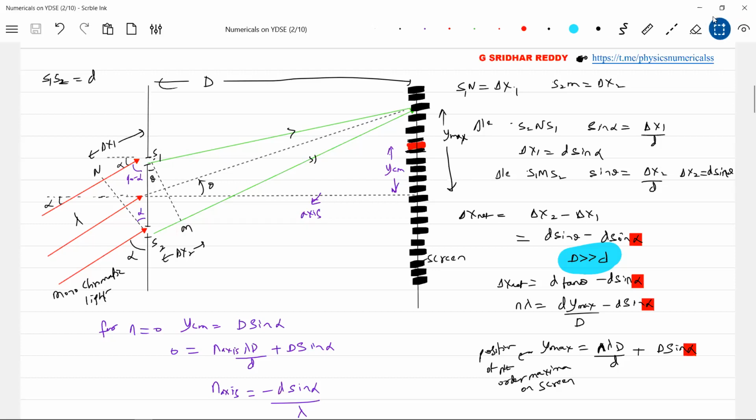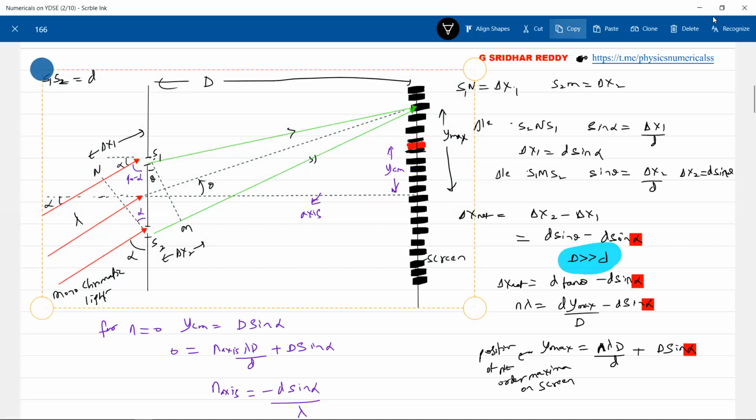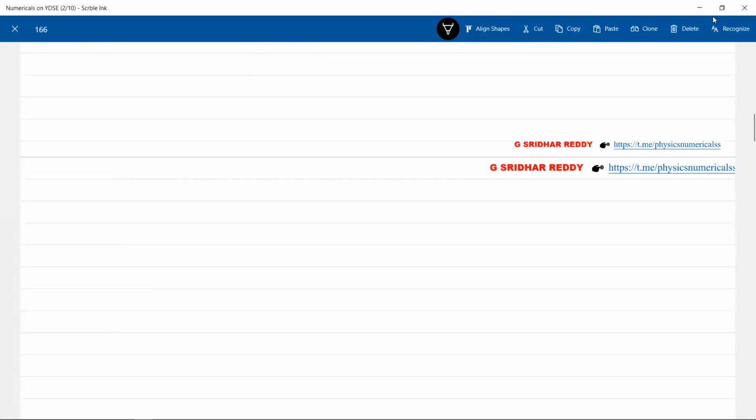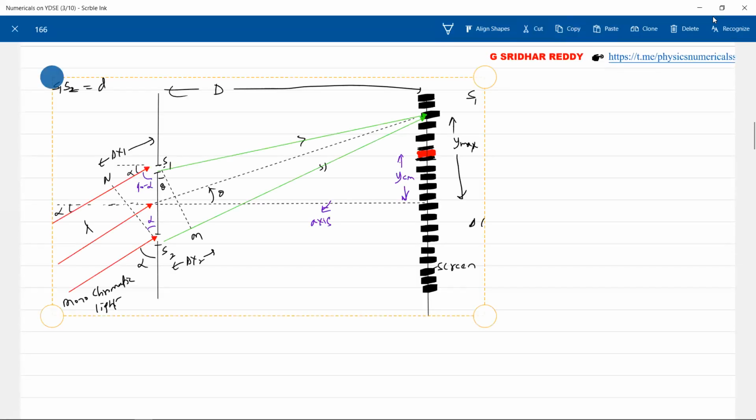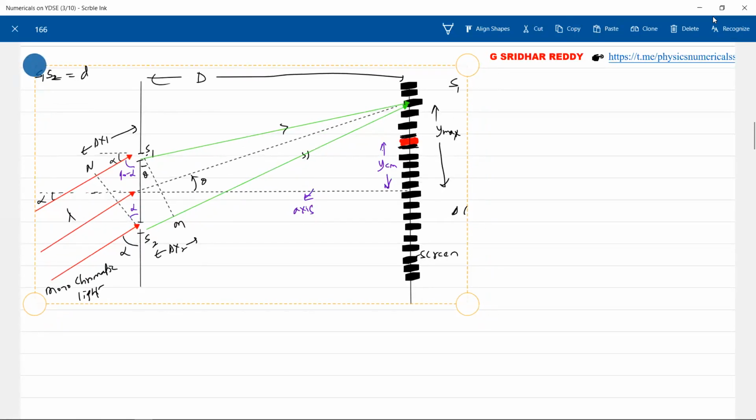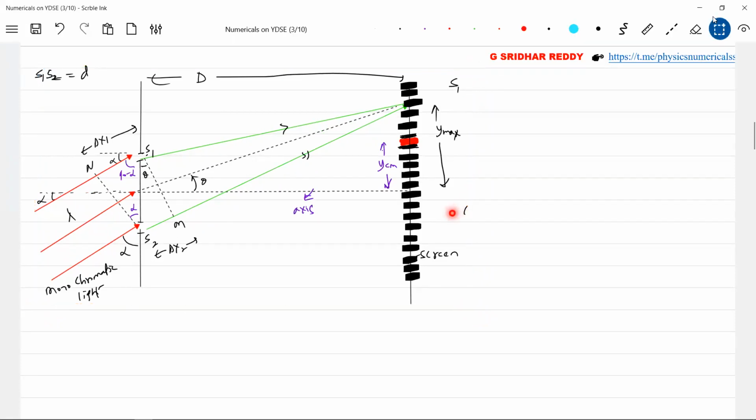Now we'll take the same experimental setup. What is our condition? So we want the central maxima to be here.